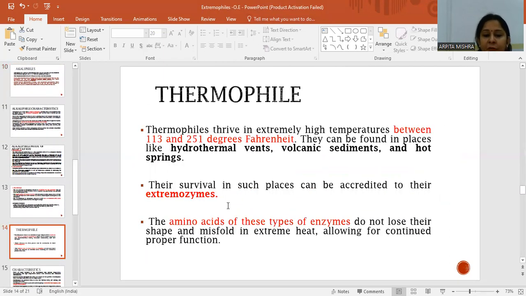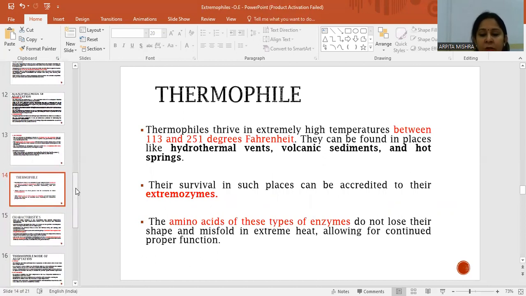Then we have thermophiles. Thermophiles thrive in extremely high temperature between 113 and 251 degrees Fahrenheit. They can be found in places like hydrothermal vents, volcanic sediments, and hot springs. Their survival in such places can be accredited to their extremoenzymes.